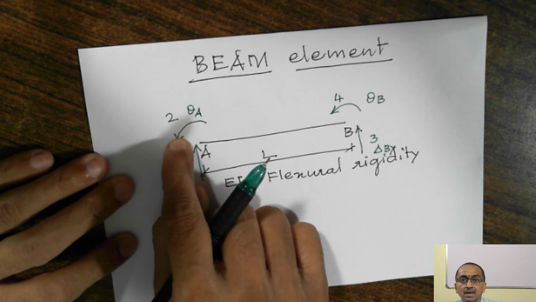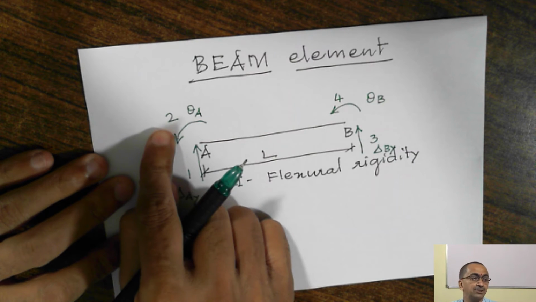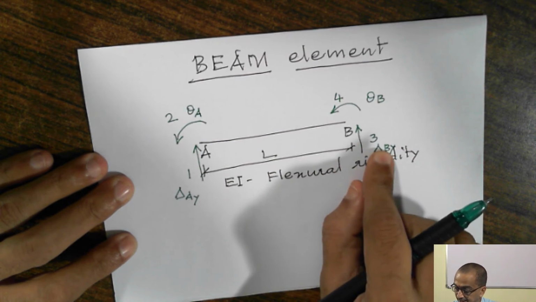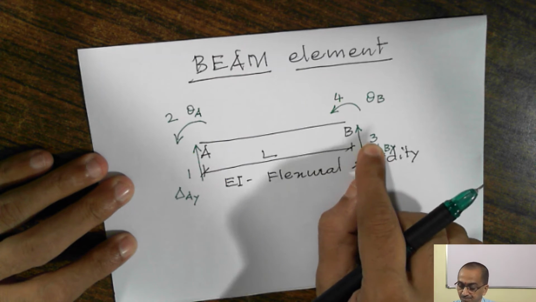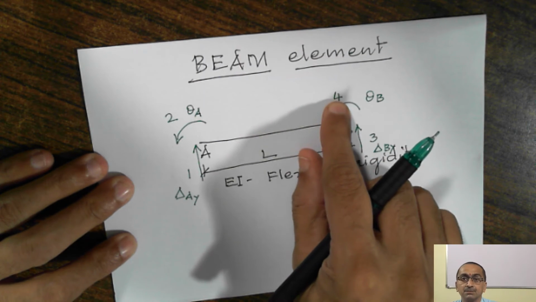Rotation at A in the anticlockwise direction, theta A, is numbered 2. Deflection of B in the vertical direction, delta BY, is numbered 3. And rotation of B in the anticlockwise direction, theta B, is numbered 4.